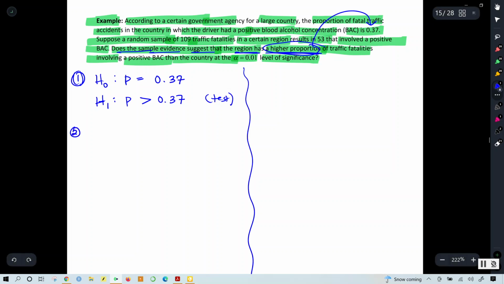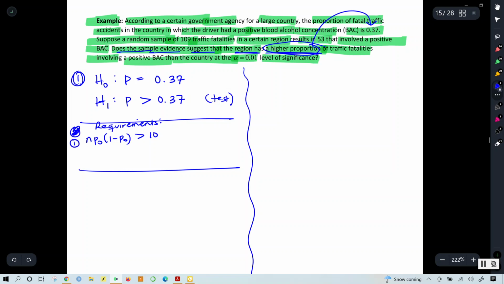In order to conduct this test, just something to remember in between, there are requirements which were illustrated in a previous example. We usually check if n times p naught times 1 minus p naught is greater than 10. We must check if n, the sample size, is less than or equal to 0.5 N. And then 3, if the sample taken is random.